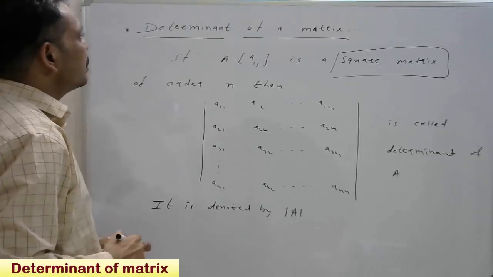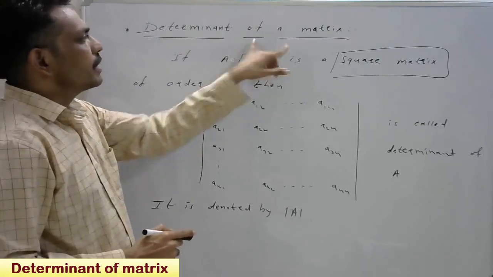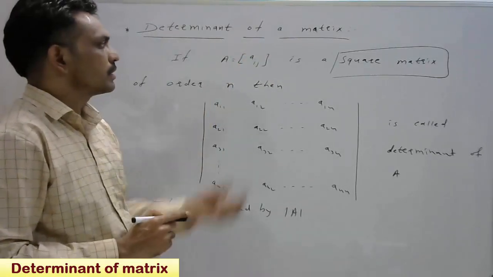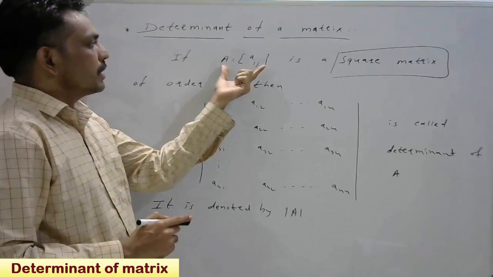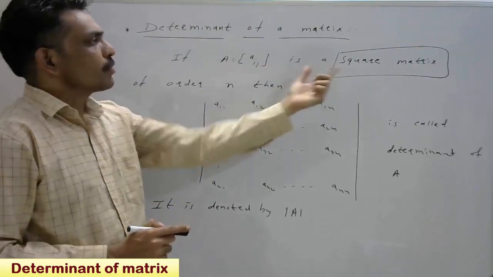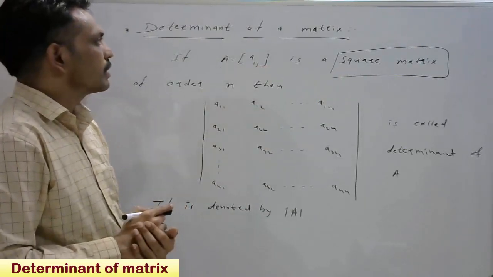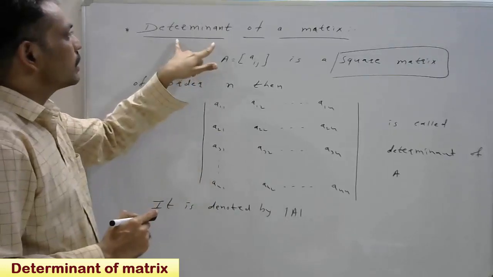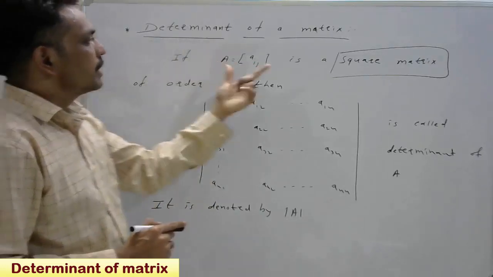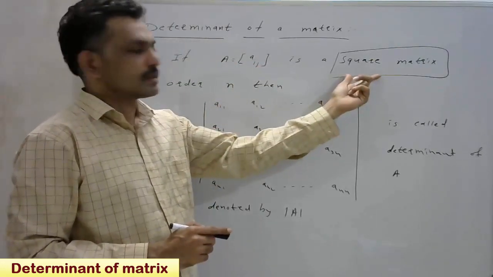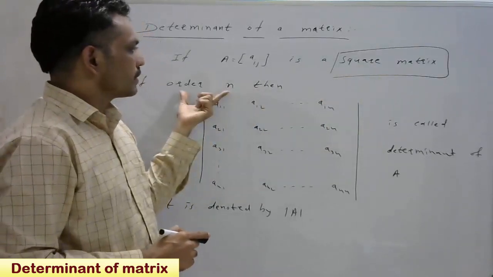In the definition of the determinant of a matrix, A is a square matrix of order n.